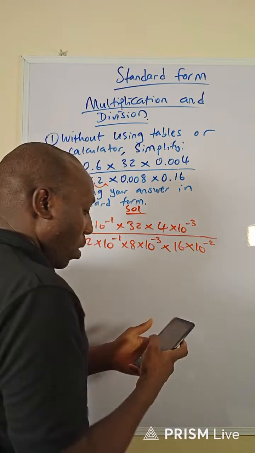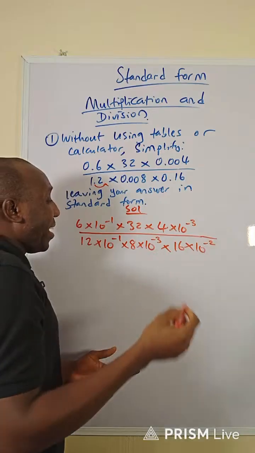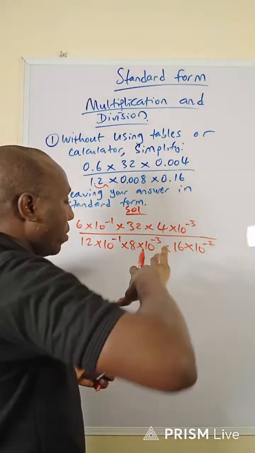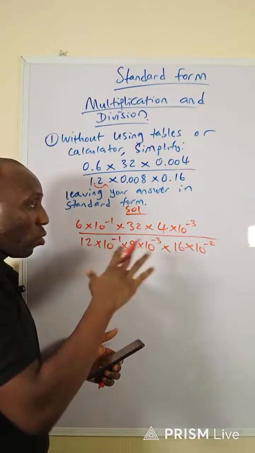Okay, so moving on. Let's separate the 10s to one side and the other numbers to one side.